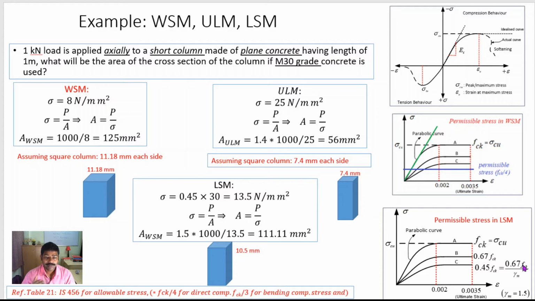The working stress method is not economical because the size is more and we have to use more concrete. The ultimate load method is economical, but here we are somewhat compromising with the serviceability, because since the size is small, if the cross section is small, there can be large deformations of the column.